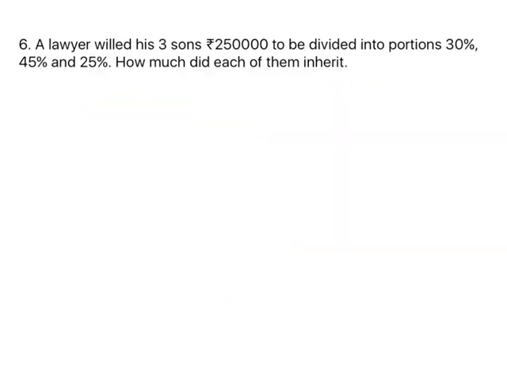The next question is: a lawyer has 3 sons and he distributed 30%, 45% and 25% of his will of 2,50,000 among them. Now we have to find out how much each son will get. So here we know the total amount that the lawyer has to distribute among his sons is 2,50,000.